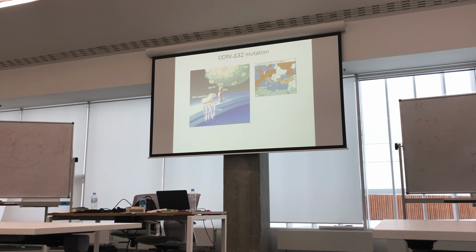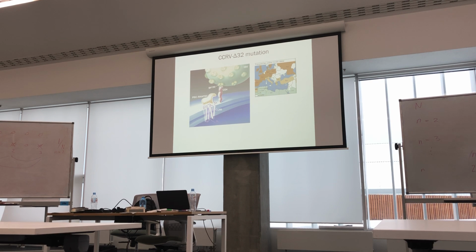Delta 32 just means that a chunk of 32 amino acids is cut out of this protein, and this is a receptor that the HIV particle actually uses, one of the receptors that HIV uses in about half of the cases for entry into the cell.